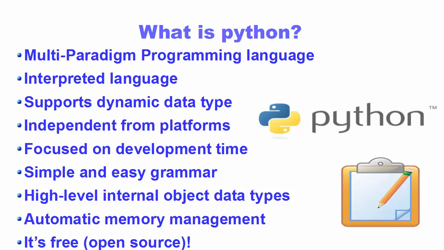Now Python is an interpreted language. So what do we mean by interpreted? To understand this, we need to understand the difference between the compiled languages and the interpreted languages. Some languages like C, C++, Java are all translated by running the source code through a tool called compiler.